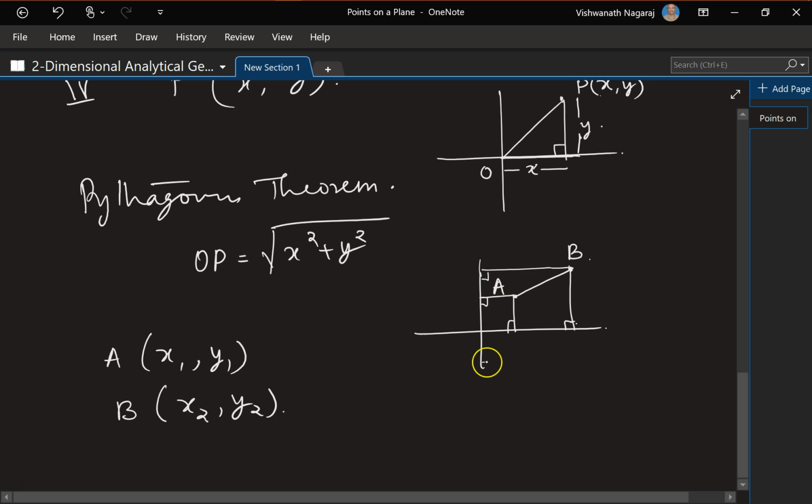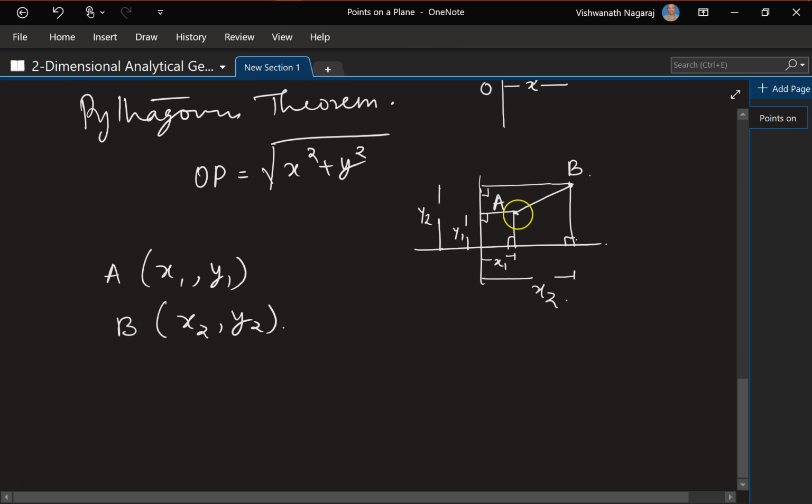Now the distance from here to here is how much? B is x2, y2, so this is x2. The distance from here to here is x1. Similarly, the distance from here to here is y1 and from here to here is y2.